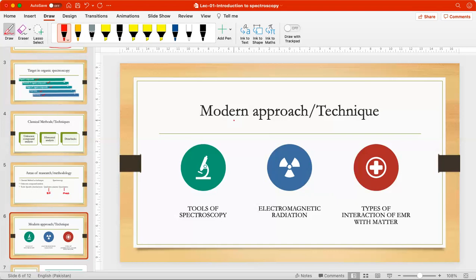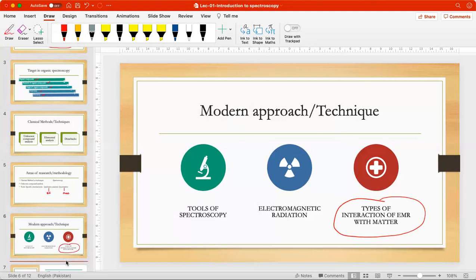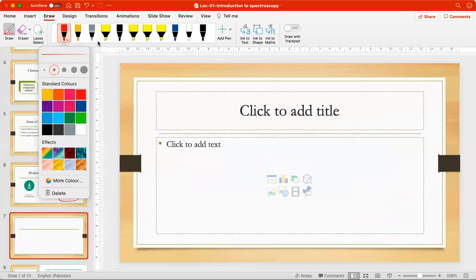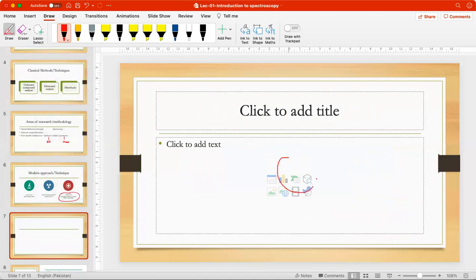Now I will do a small example here so that you can understand these types of electromagnetic radiation with matter. For example, let's have another slide. Okay, for example, this is your matter, right? This is the matter.